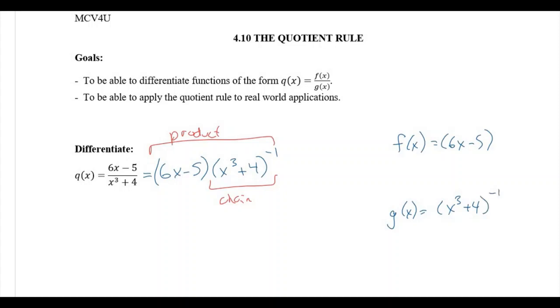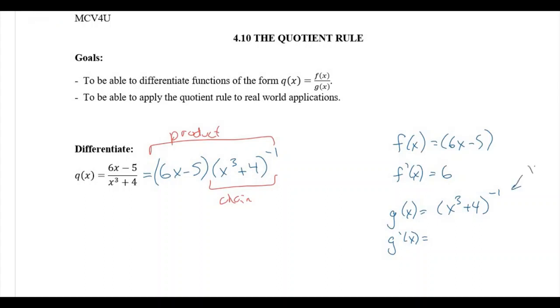To do product rule, we have to know the derivatives. So f prime of x, which in this case is linear, would be 6. For g prime of x, we have to use chain rule, so we differentiate the outside, ignoring x cubed plus 4.